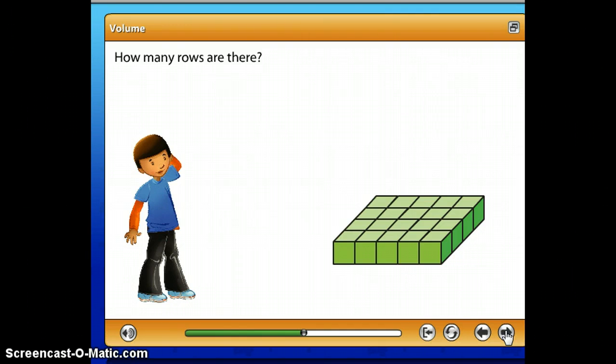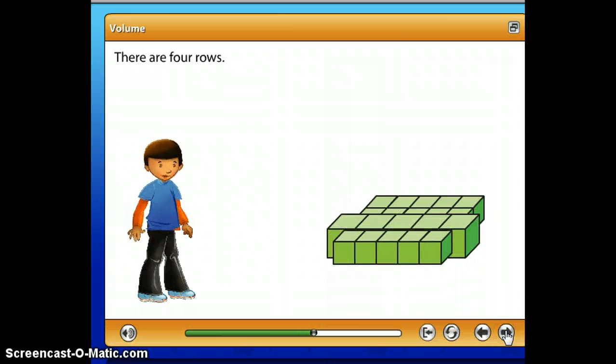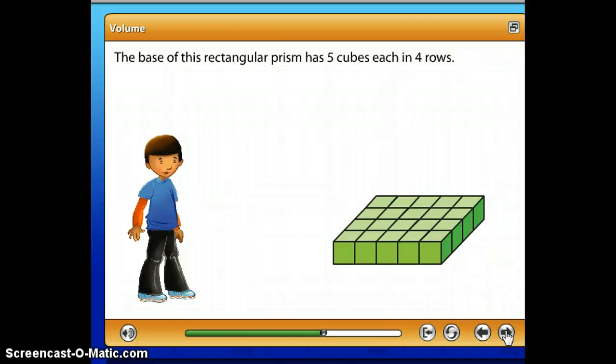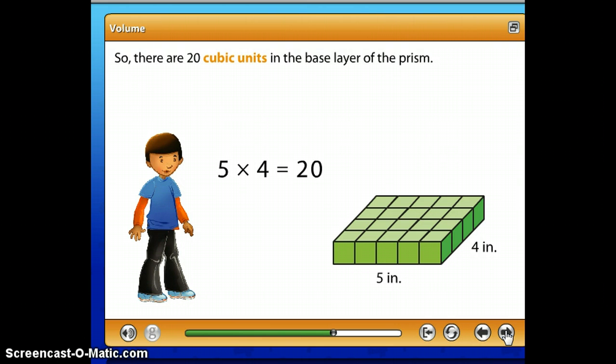How many rows are there? Austin? 4. There are 4 rows. The base of this rectangular prism has 5 cubes each in 4 rows. So there are 20 cubic units in the base layer of the prism.